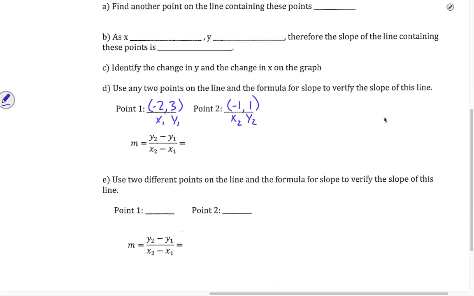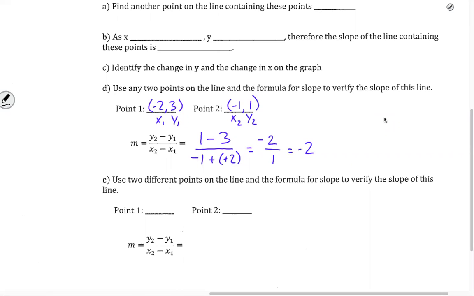And then I'm going to write my formula. Well, it's written for you. So now I'm going to substitute. I'm going to do 1 minus 3 over -1 minus -2. And now I simplify. I notice these two negatives make a positive. So I have 1 minus 3, that's -2. And then -1 plus 2, that's 1. So my slope is -2.